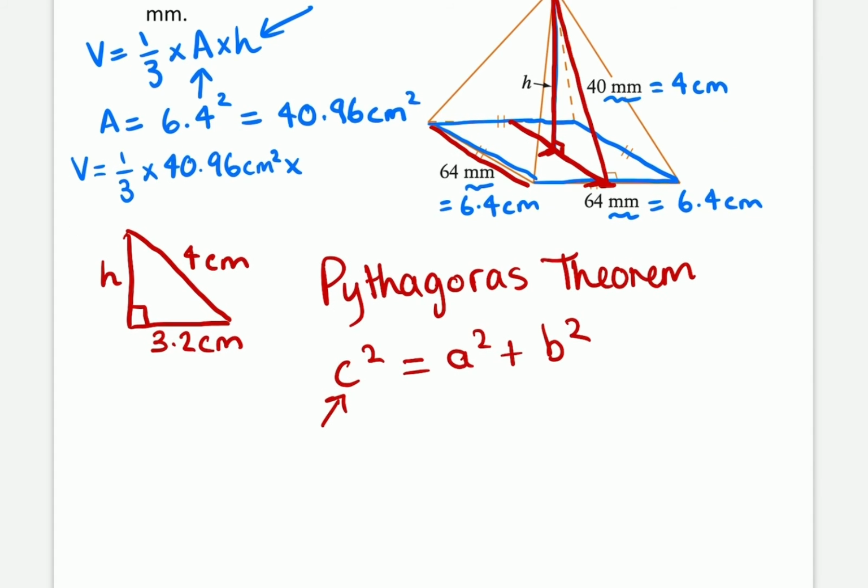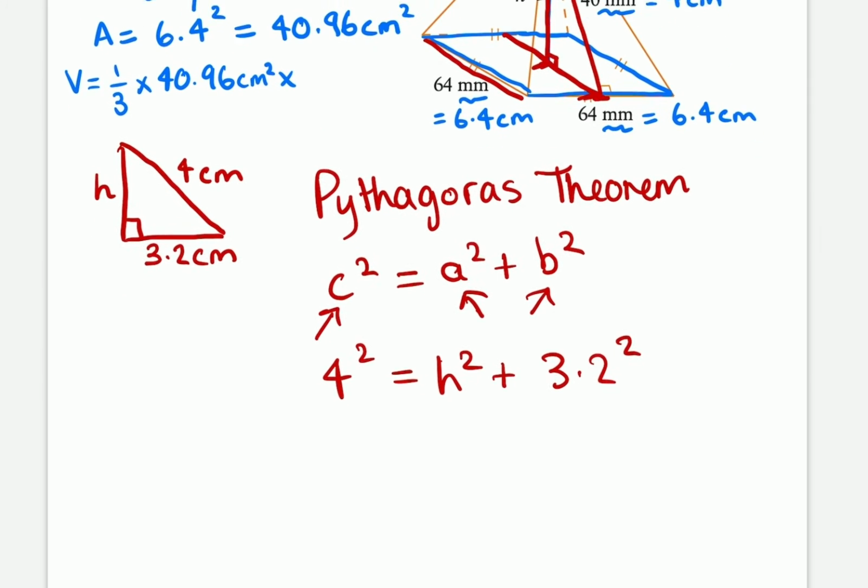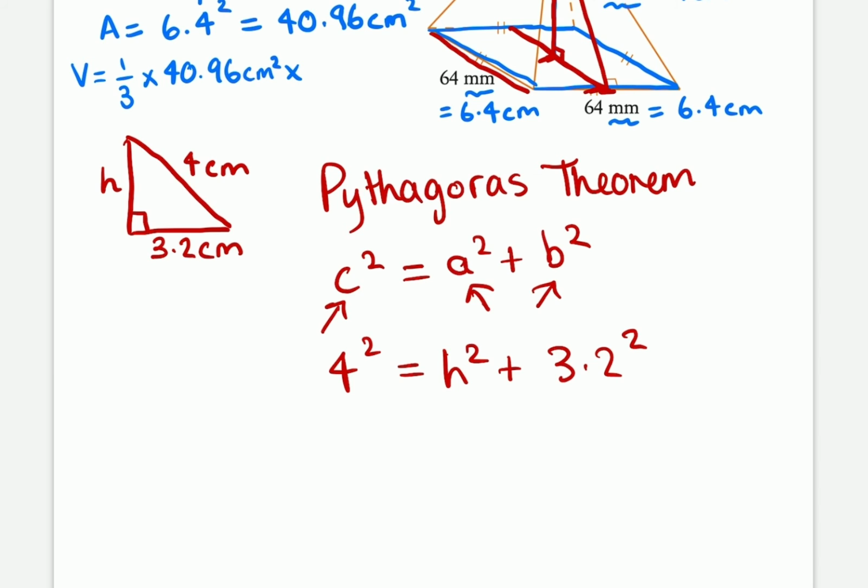All right, so our hypotenuse is 4 centimetres, so it's 4 squared equals, and a and b are just the other 2 sides, doesn't matter which one's which, so let's just say h squared plus 3.2 squared. And now if we rearrange this equation and solve for h, we'll finally end up with our perpendicular height, which is what we need to work out the volume of this pyramid.